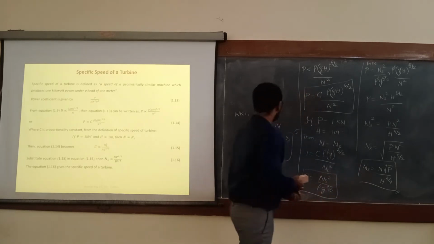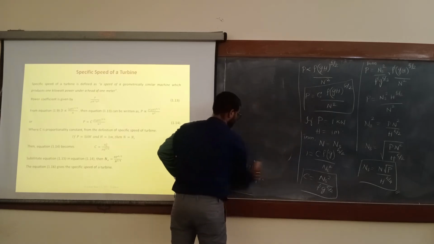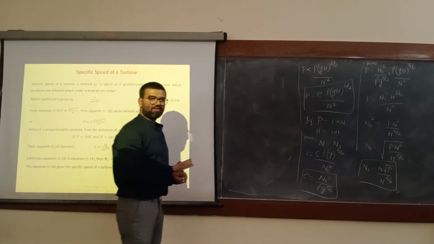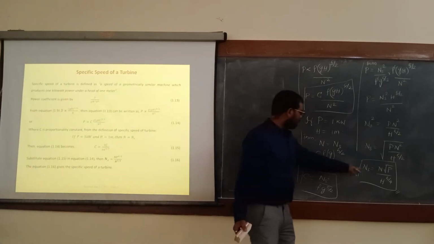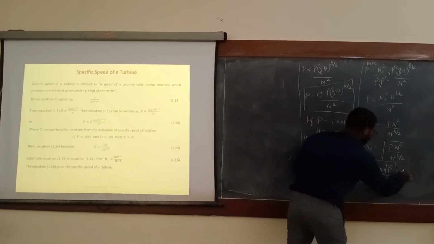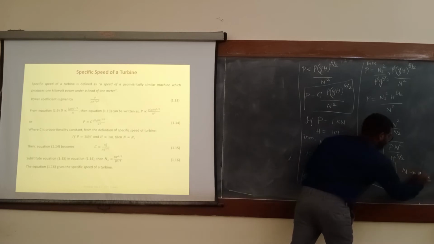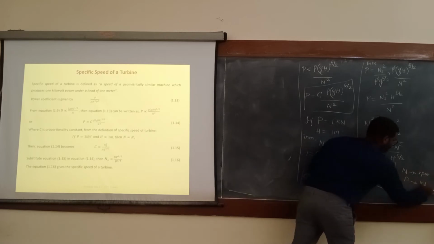In calculating the specific speed of a turbine, n should be in RPM, P should be in kilowatt, and H should be in meter.